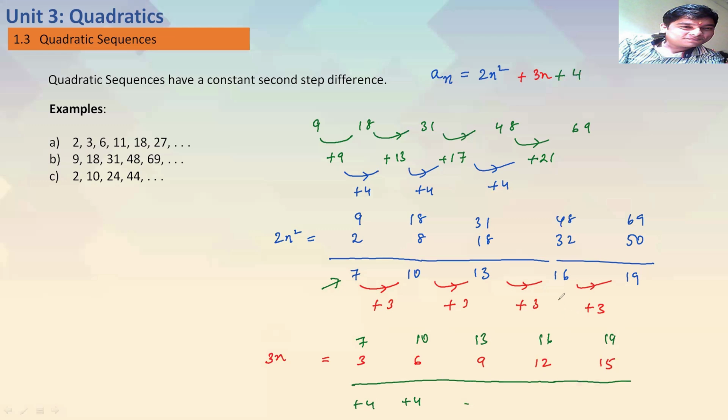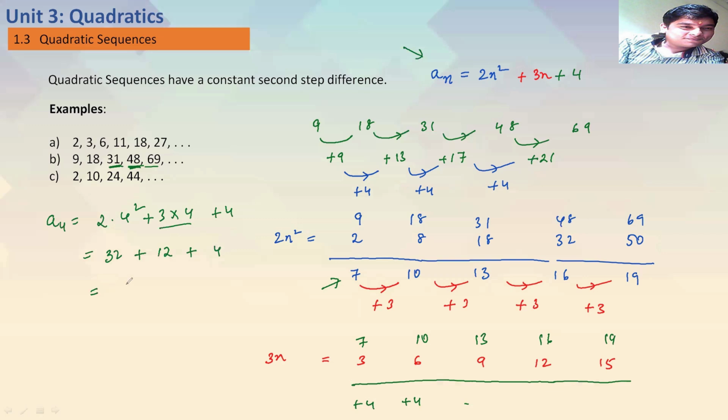Now you can verify. Which term do you want to choose to verify? 31, 48. That's the fourth term, right? Let's find out A4. Using the general term, 2 times 4 squared, which is 2 times 16, is 32, plus 3 times 4, which is 12, plus 4.